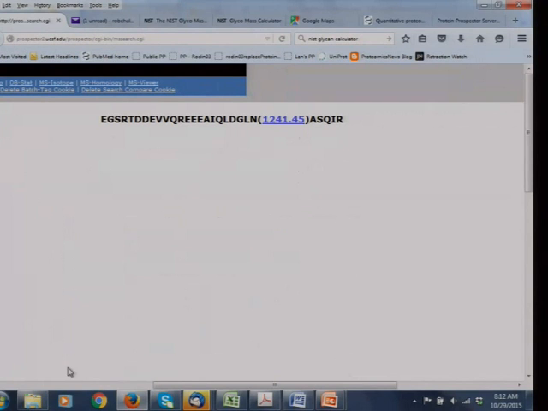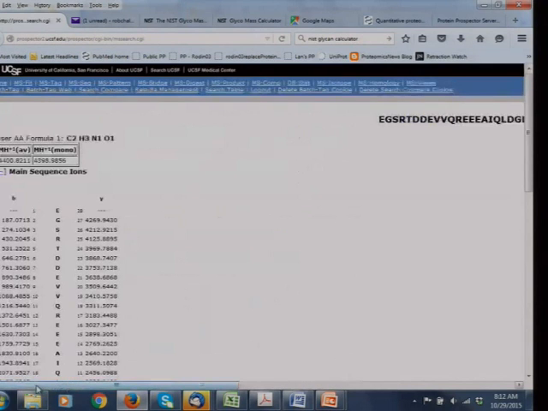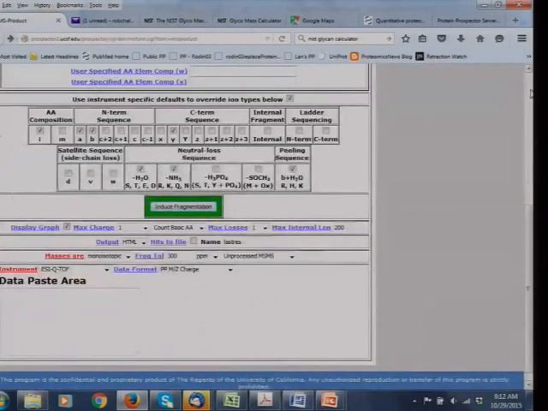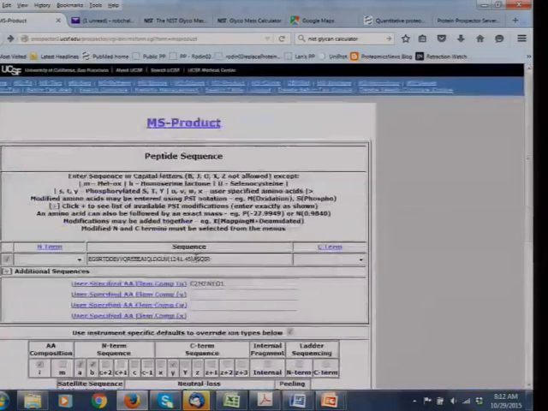So what might be useful is to look at what the masses would be if the sugar was not attached. Or more significantly, seeing it's an N-linked glycosylation, we're going to expect that first HexNAc to remain attached and the rest of it is going to fall off.